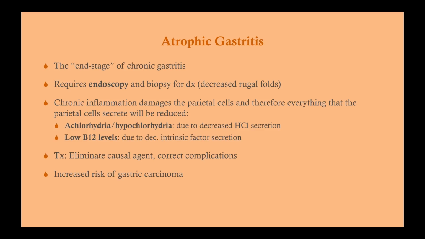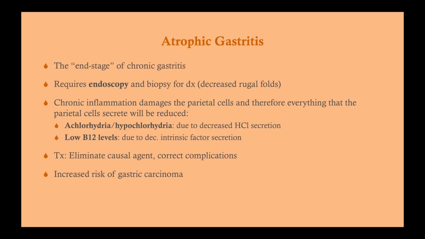There's really not a whole lot we can do for atrophic gastritis. Eliminate the causal agent, anything that's caused the chronic gastritis that's now ended with this atrophic gastritis. So you want to eliminate the causal agent. Often that's going to be H. pylori. So you'll want to test for H. pylori, and then if that's positive, you'll put them on triple therapy and eliminate that cause, and then correct complications.